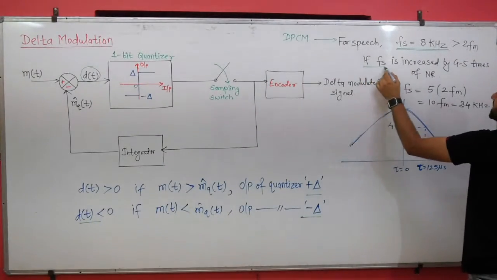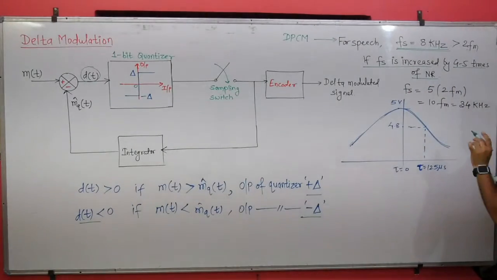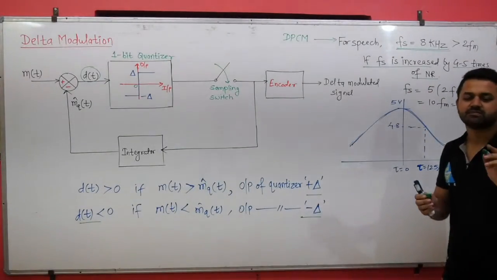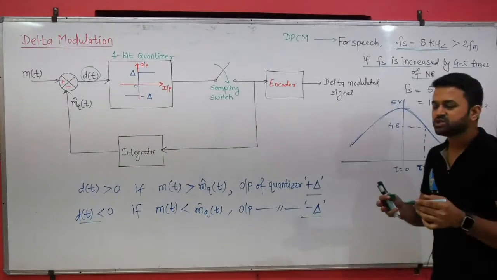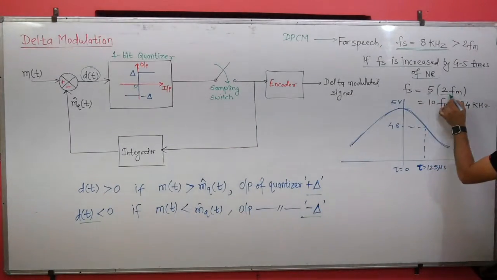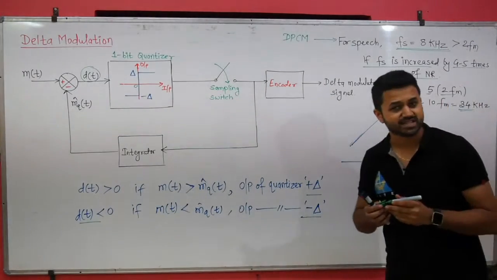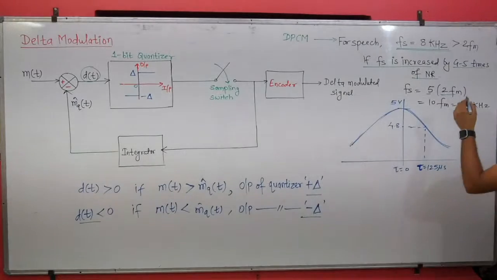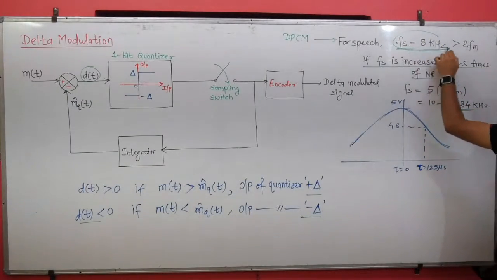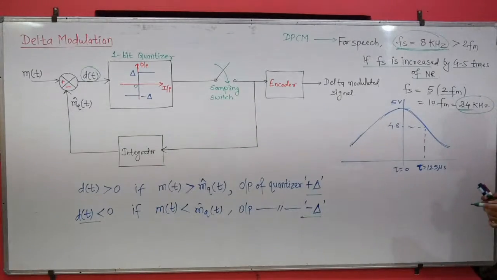But if the sampling frequency is increased to 5 times the Nyquist rate, we get 34 kilohertz. Previously we were using only 8 kilohertz.